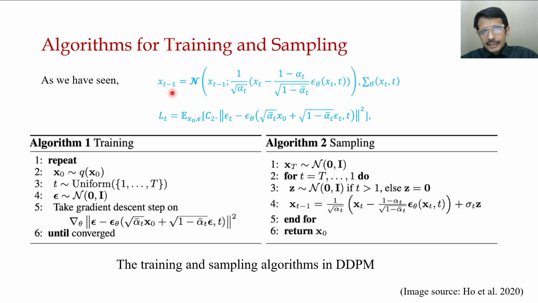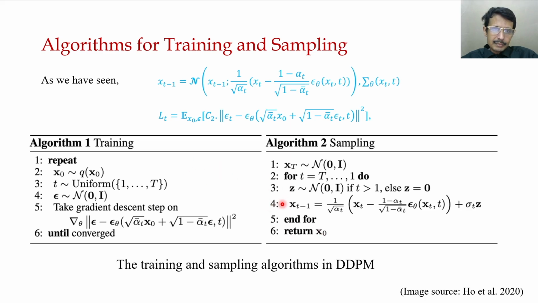And xt minus 1 is how the previous level comes from the later level, and this is the noise injection. Finally we return x0, and in that way we can get back our x0. This is the kind of sampling process, basically you can say the reverse process.